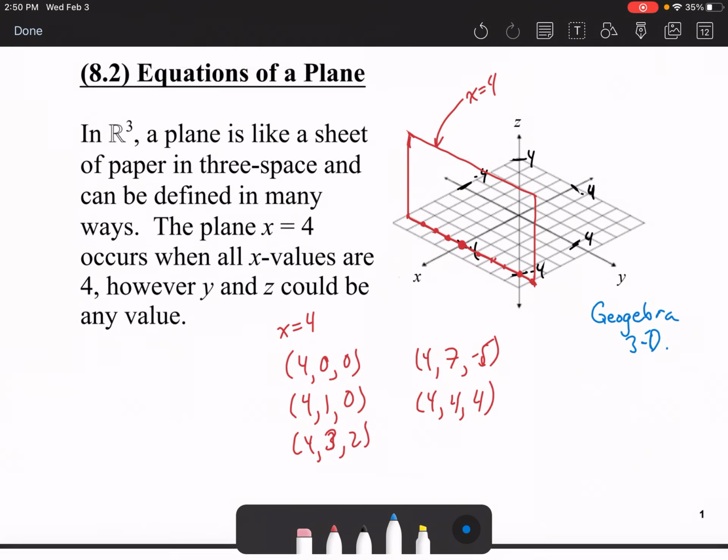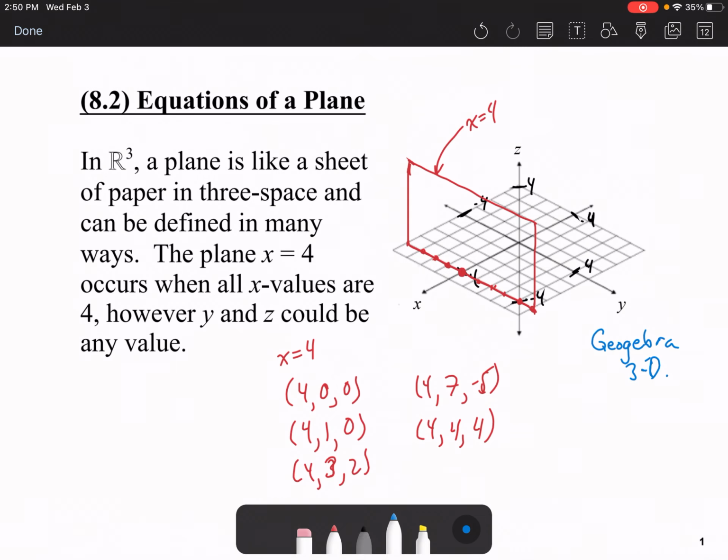So let's go back to the first one. The first one you can see is parallel to the y-axis, and it's also parallel to the z-axis.